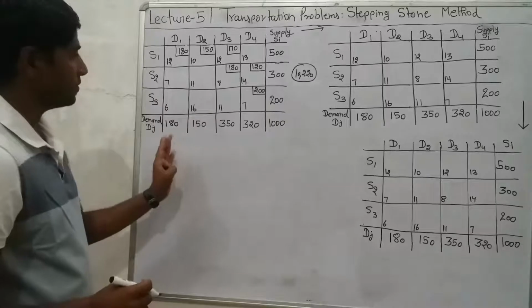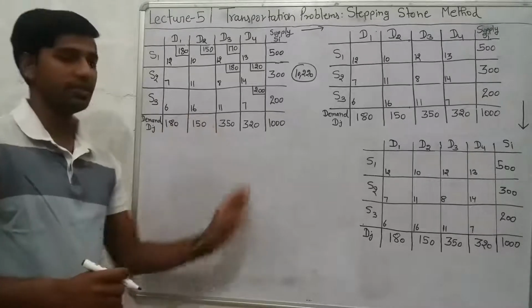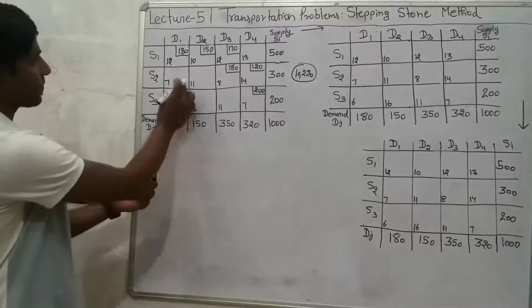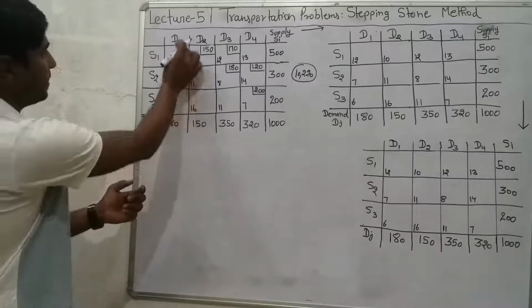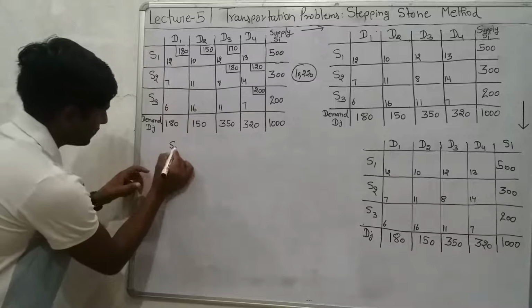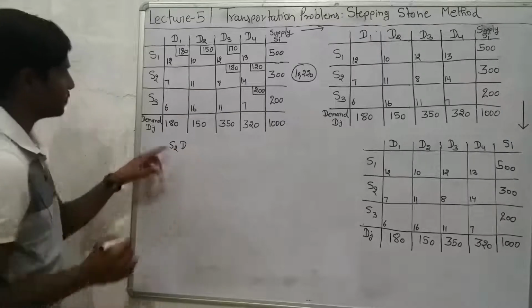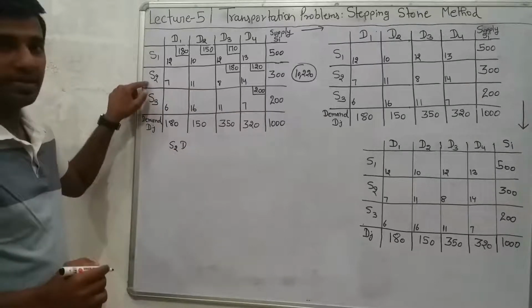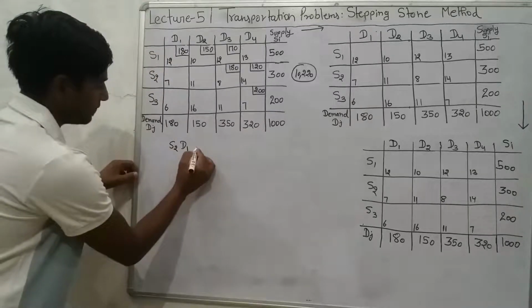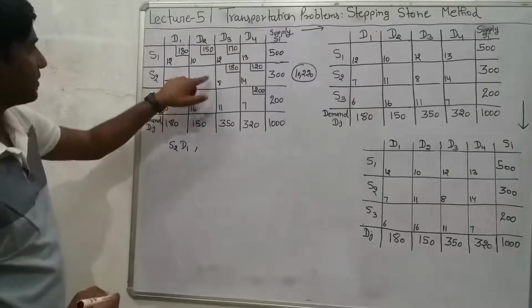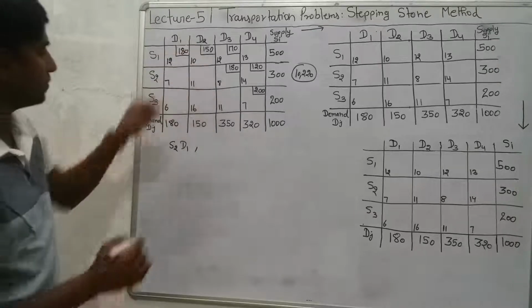Now we are going to give a name to all the empty cells. Suppose this one is the empty cell. The name of this empty cell is S1D1. S1 means first row, or first supply point, and destination 1. The second empty cell is S2D2.